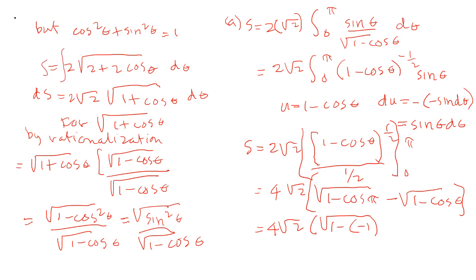That equals 4 square root of 2 times square root of 2 minus 0, which equals 4 times 2 equals 8.